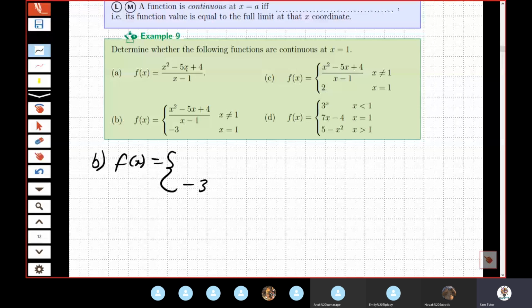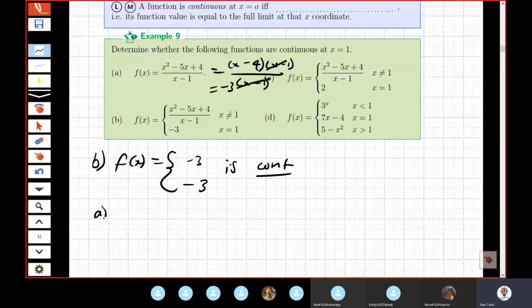So what would happen is this function here, you would factorize the top, as always. These cancel out. So when you're going to sub in x equals 1, 1 take away 4 does give you negative 3, which is the same here. So when you sub in 1, it does give you negative 3, so this is actually continuous. So B, f of x is continuous.